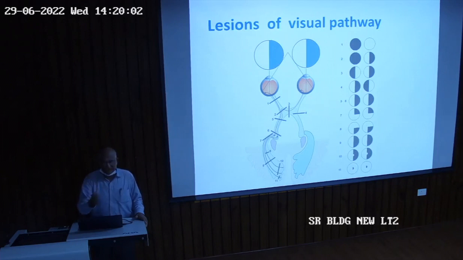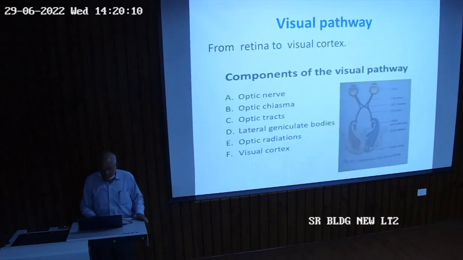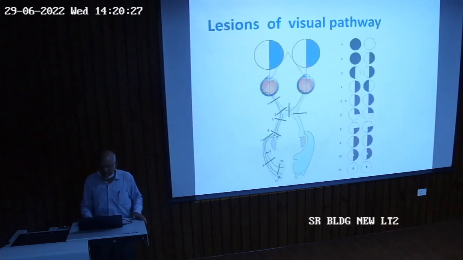And you know the nasal fibers are responsible for the temporal vision, as I told you. These are the nasal fibers, responsible for the temporal vision. If these nasal fibers are gone, the temporal vision is lost. This is what I am showing you.